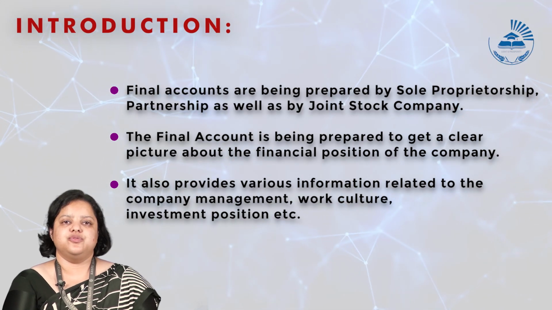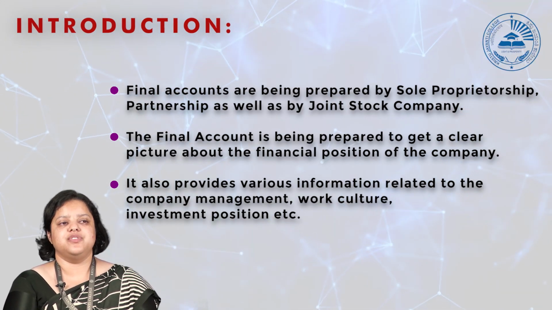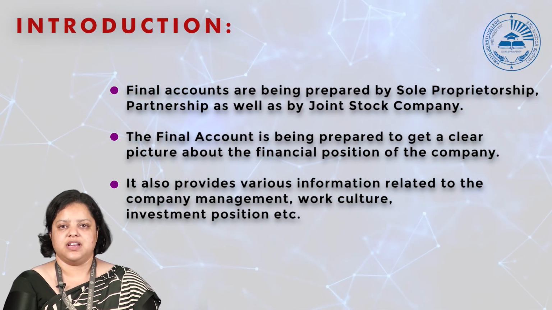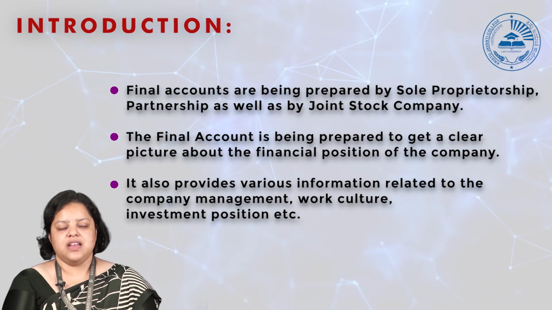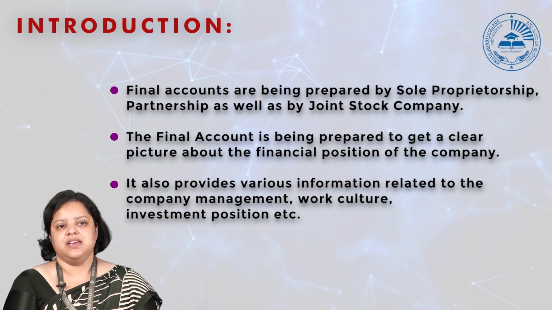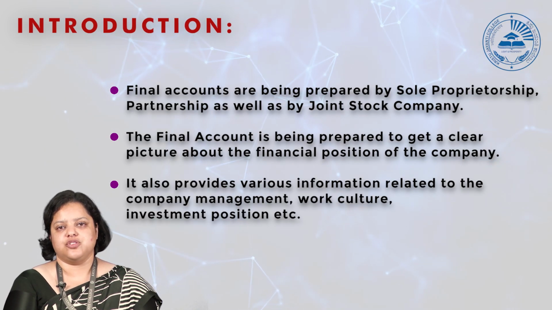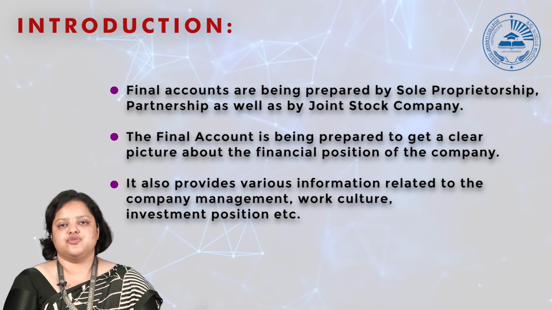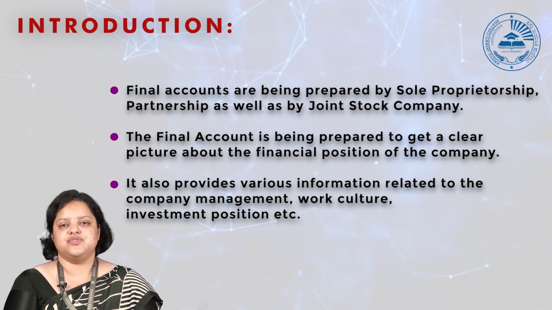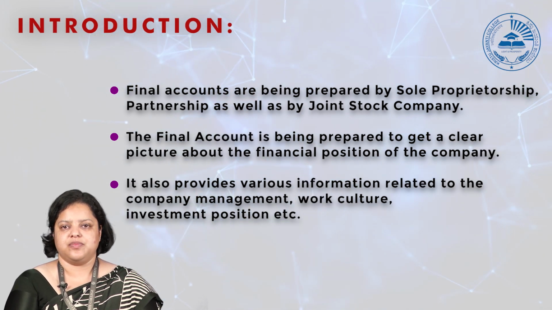Before going to the balance sheet, first we will learn about the final accounts. The final accounts are prepared by all kinds of companies like sole proprietorship, partnership as well as joint stock company. Sole proprietorship means the companies which have only one owner.